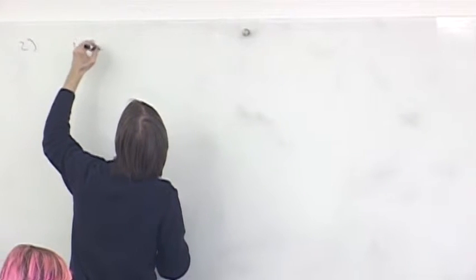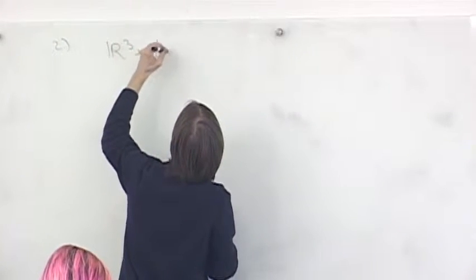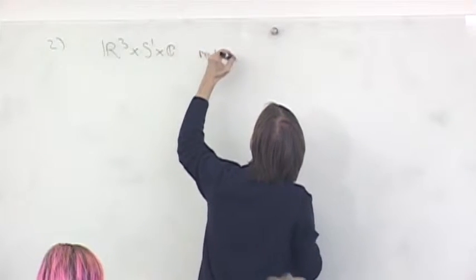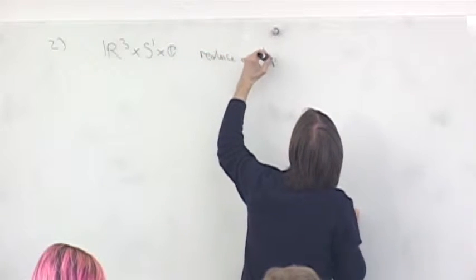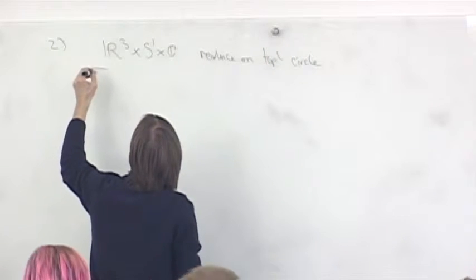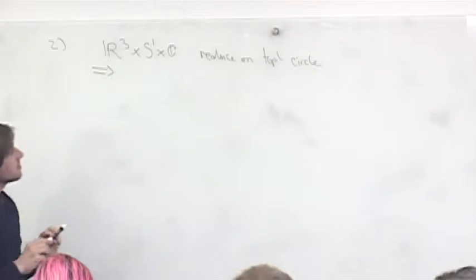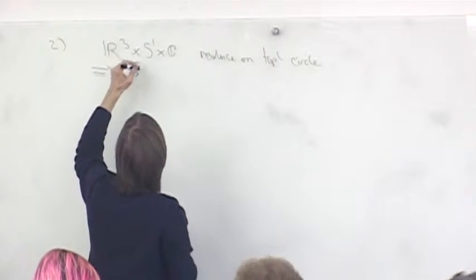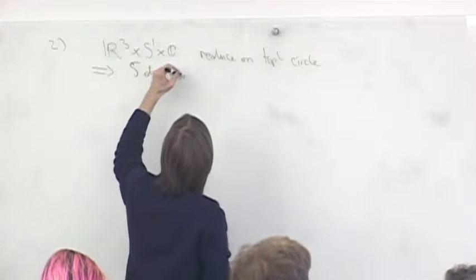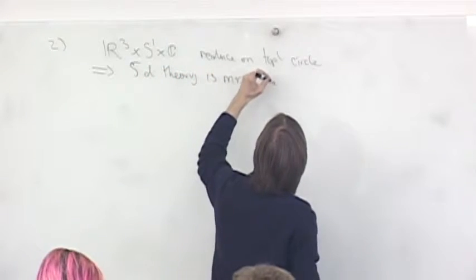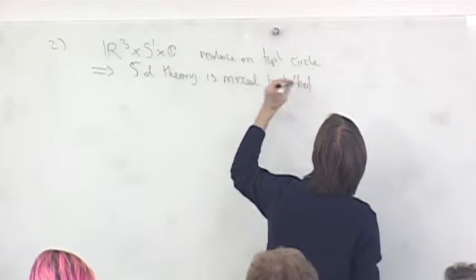Let's consider it on R^3 cross S^1 cross C. So we reduce along a topological circle. Then you might expect the 5D theory must be mixed, topological and holomorphic.